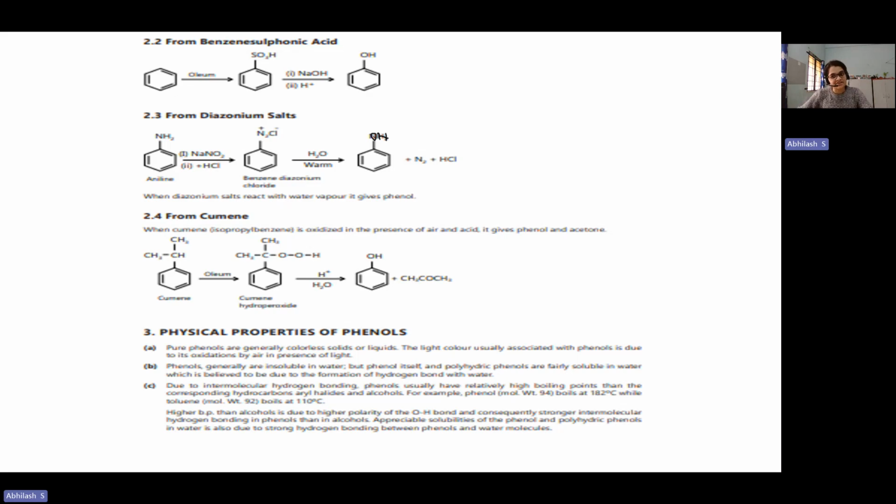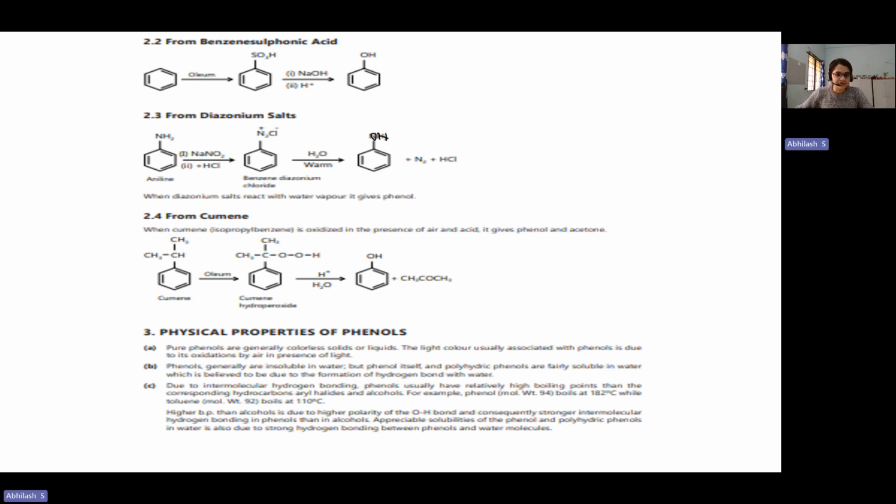Phenols are generally insoluble in water, but polyhydroxyphenols are generally soluble in water, because of the formation of intermolecular hydrogen bonds. Due to these intermolecular hydrogen bonds, phenols have a high boiling point compared to hydrocarbons or aryl halides or other compounds.